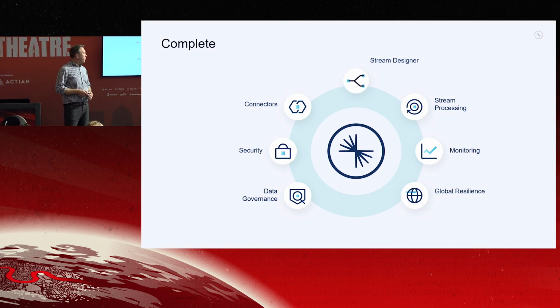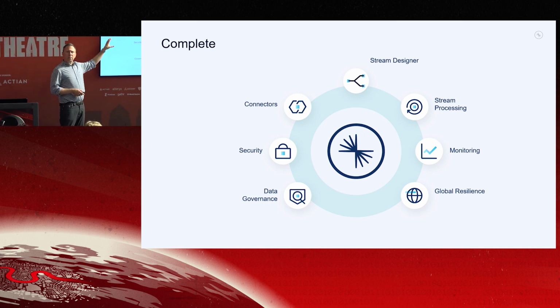The offering is complete, which means that we have a suite of products around Kafka itself for data governance, security, fully managed connectors, which means that, again, it's a case of point, click, it's available to you, you're ready to start ingesting data or writing data out to target systems. We have a stream designer to help you out with the stream processing.